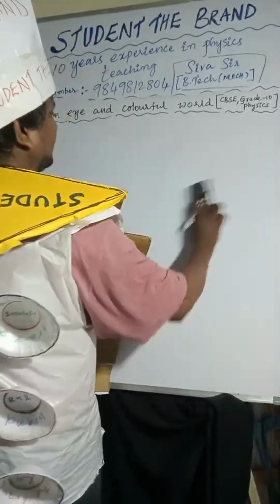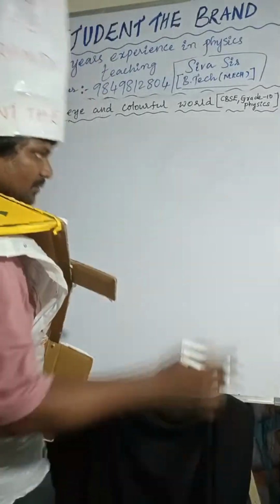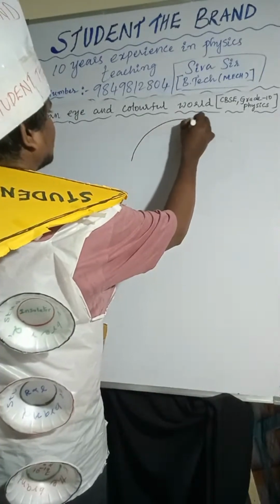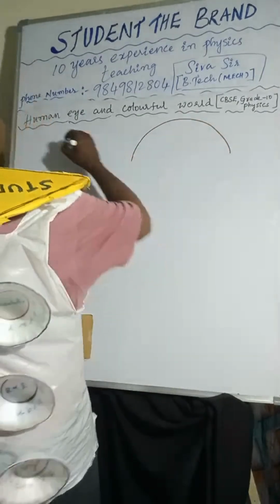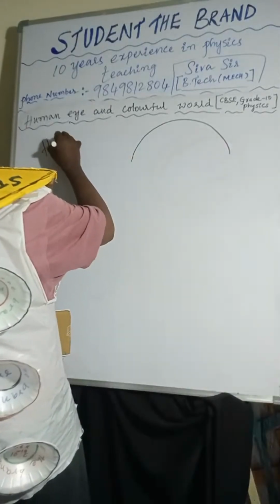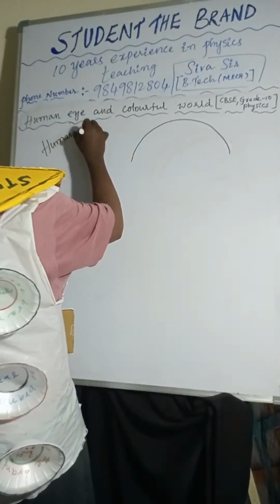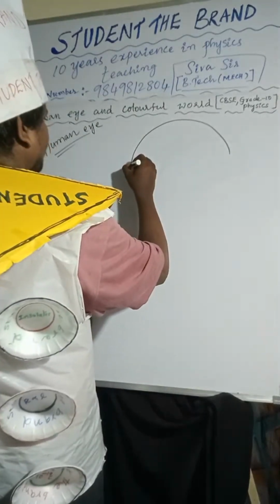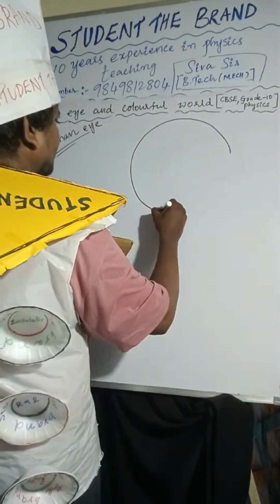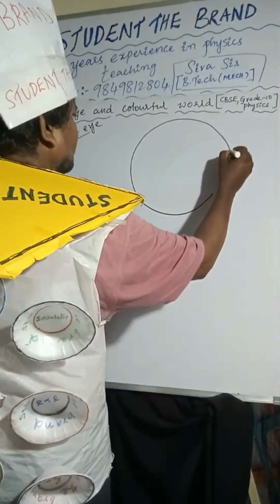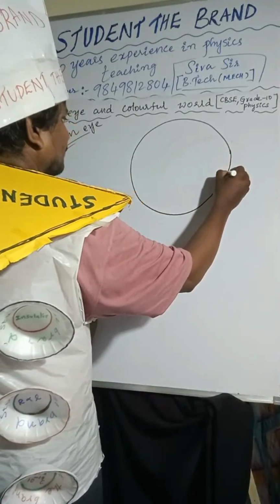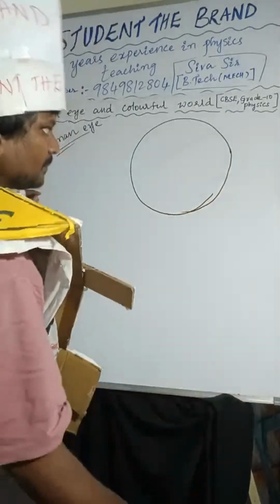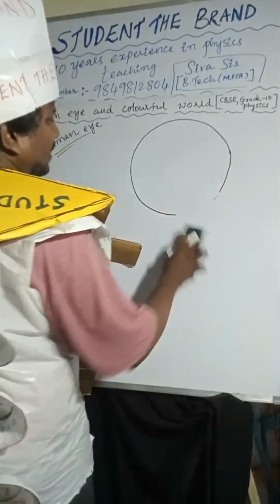Now you see here. We are discussing human eye parts. You have to draw the complete circle first.